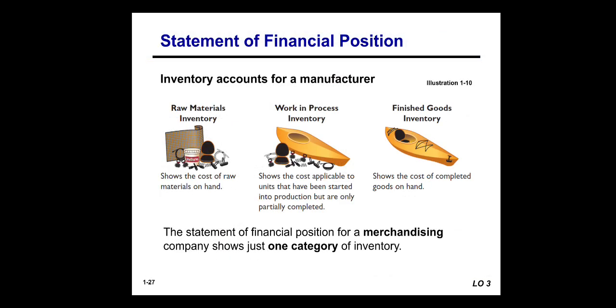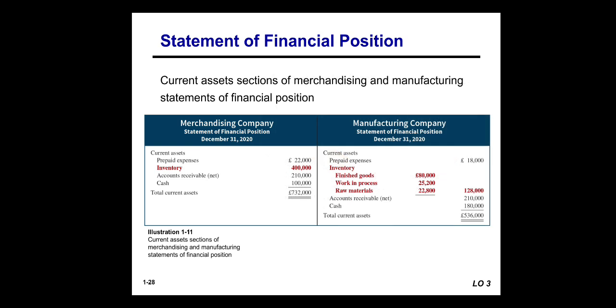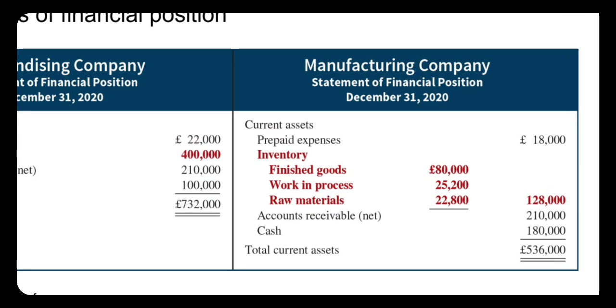Okay, this is about the balance sheet for a manufacturing business. The balance sheet for a manufacturing business is the same as the balance sheet for a merchandising business, except in one section. The exception is in the inventory. Remember, inventories are current assets. So when you prepare a balance sheet, you have to show inventories under the current assets.